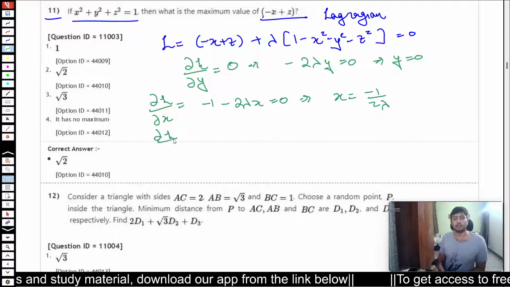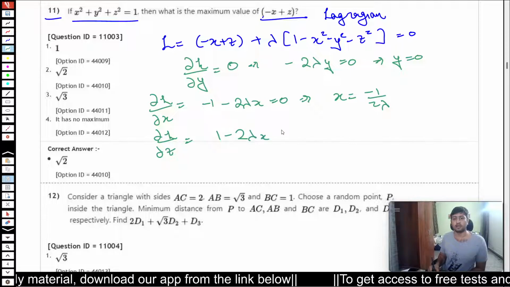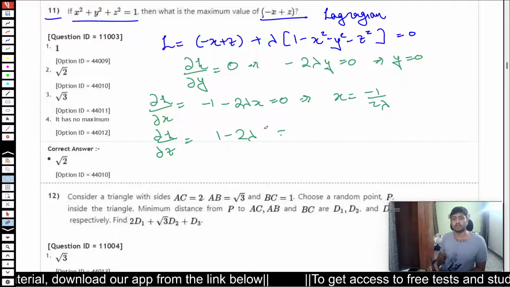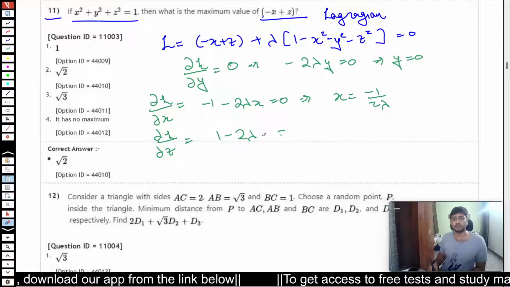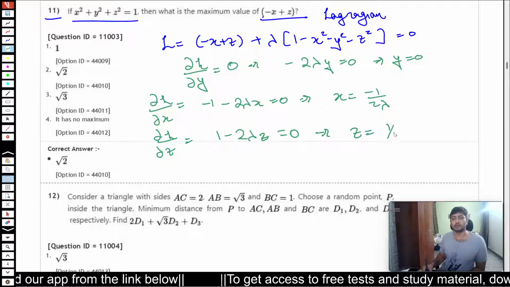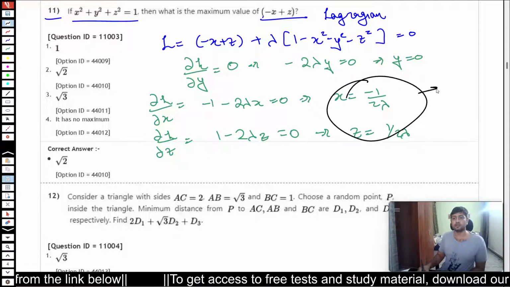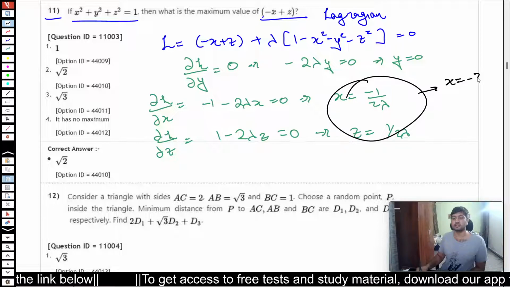Then del Lagrangian by del z will be equal to 1 minus 2 lambda z equals 0, which implies z equals 1 by 2 lambda. Now both these equations together give us that x is equal to minus z.